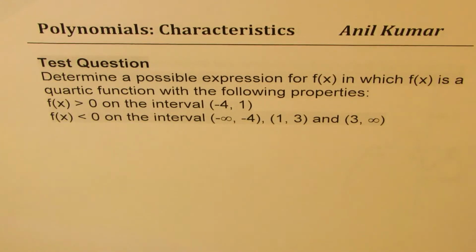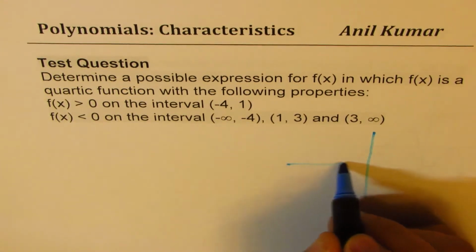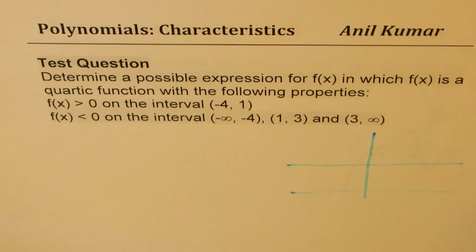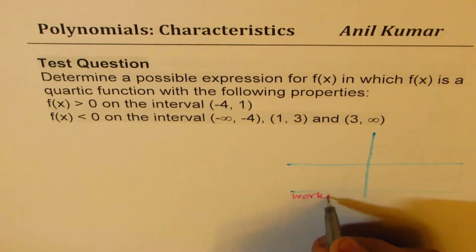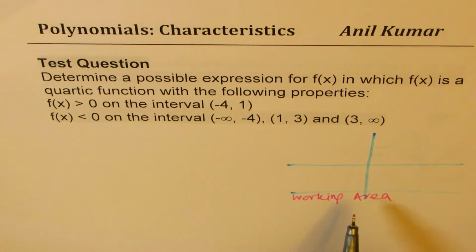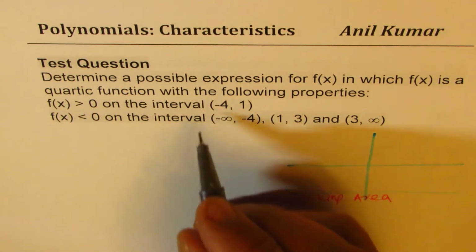My strategy here is to make a very, very rough sketch, right? So I just make this axis and I call this my working area. Okay, so let's see what we are given. f of x is positive in the interval minus 4 to 1.